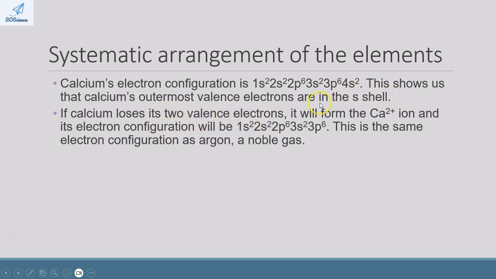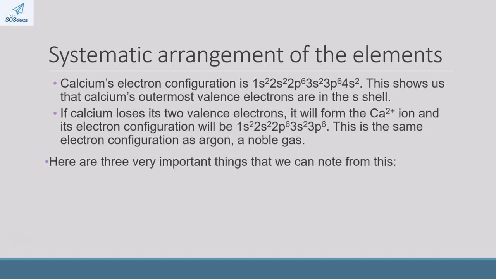And if calcium loses its 4s2, meaning that it loses the 2 electrons from its outermost energy level, it will form the Ca2+ ion. This will be its electron configuration, which is identical to argon's electron configuration. Again, a noble gas.